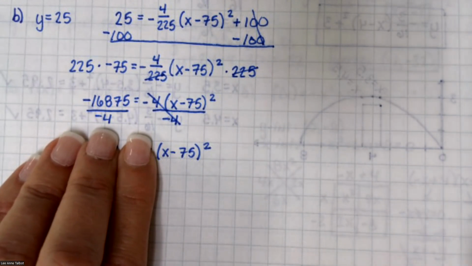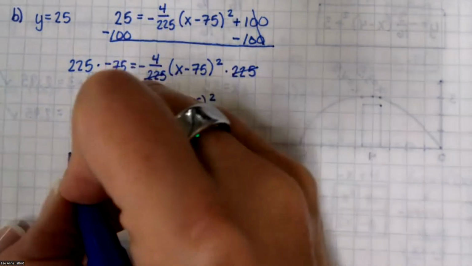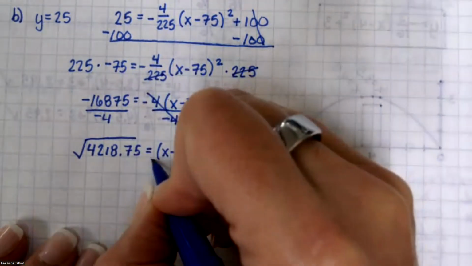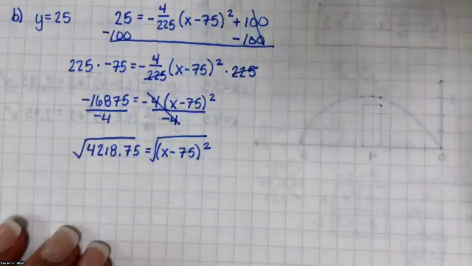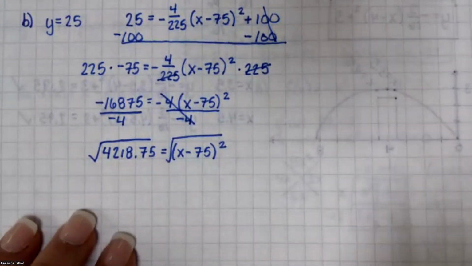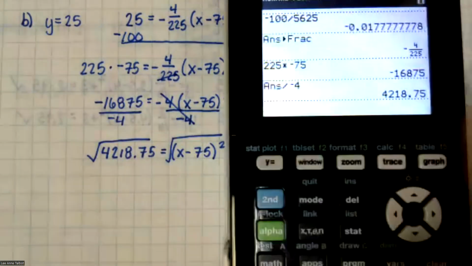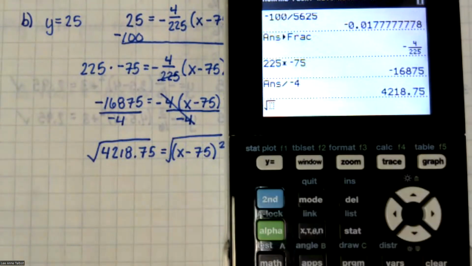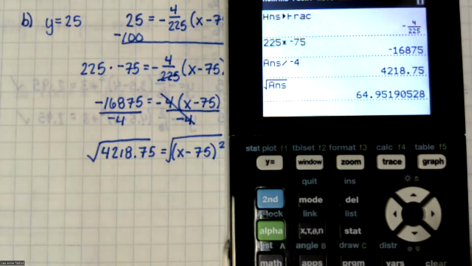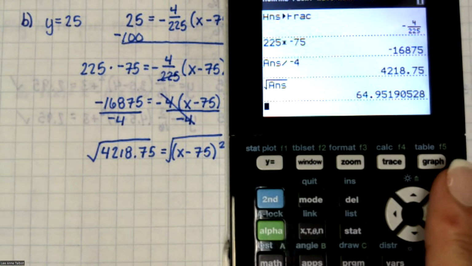The square. How do I undo the square? Square root. But what do we have to remember when we do a square root? Plus or minus. Okay, and that's what Theo was just saying, wouldn't there be two answers for this? Yup. 64.95, which is what I'm going to round to.